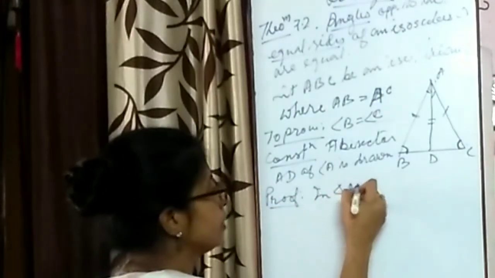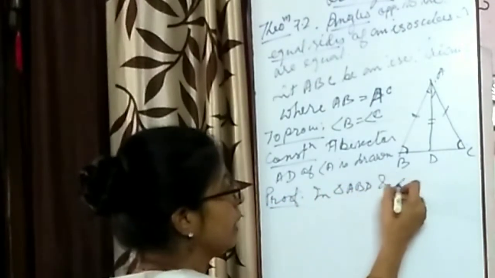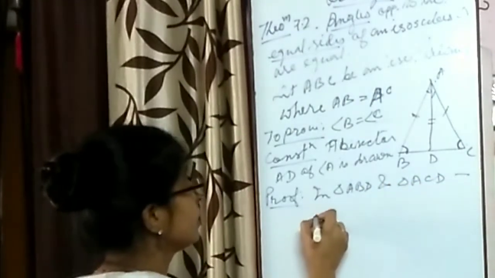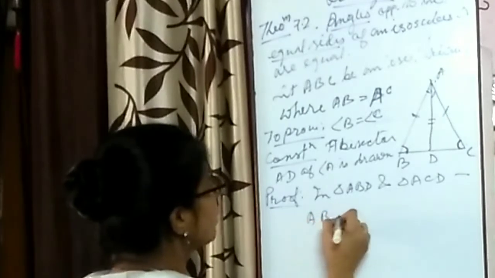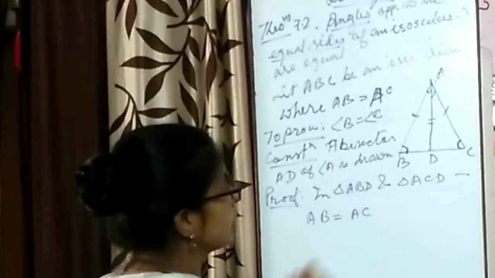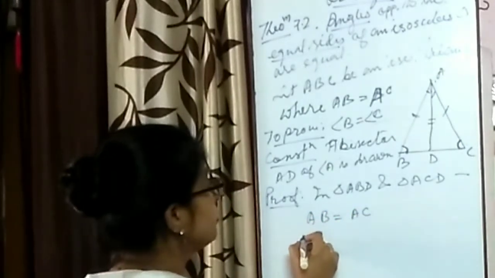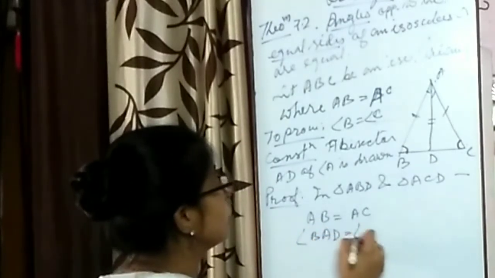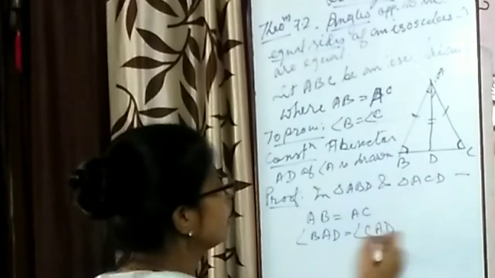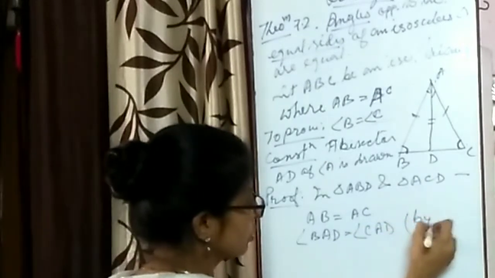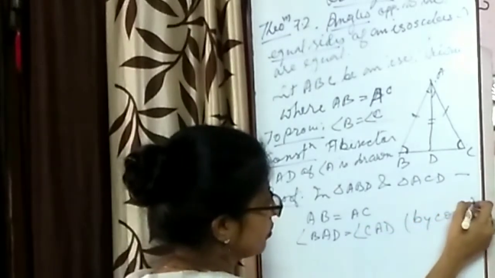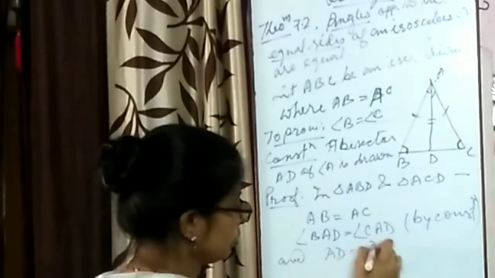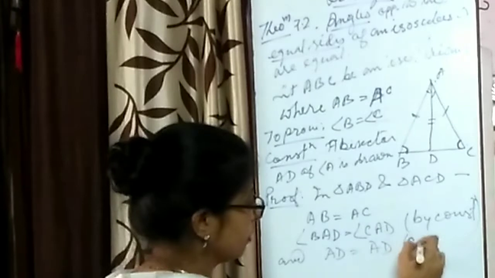In triangle ABD and triangle ACD, what do we get? AB is equal to AC, it is already given. Angle BAD is equal to angle CAD, it is by construction, and AD equals AD, it's a common side.